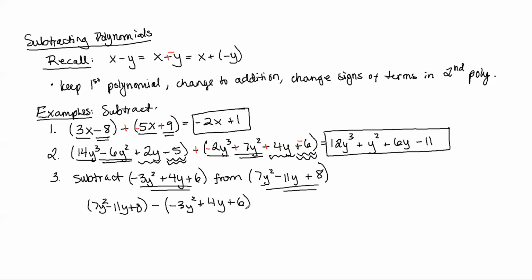Now all we have to do is add the opposite and combine like terms. So add the opposite of all of these. Combine like terms. 7y squared plus positive 3y squared is 10y squared. Negative 11y plus negative 4y is negative 15y. And 8 plus negative 6 is a positive 2.